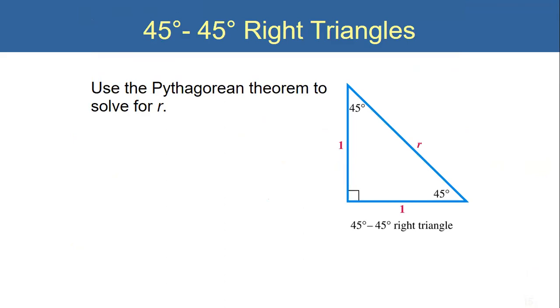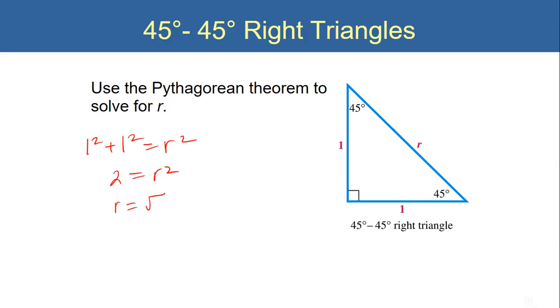Okay. With 45-45, you have to find your hypotenuse. Square root of 1? Is that 1? What's 1 plus 1, Andrew? Oh. I knew that. So for 45-45, we have 1 squared plus 1 squared equals r squared. So that gives us 2 equals r squared.